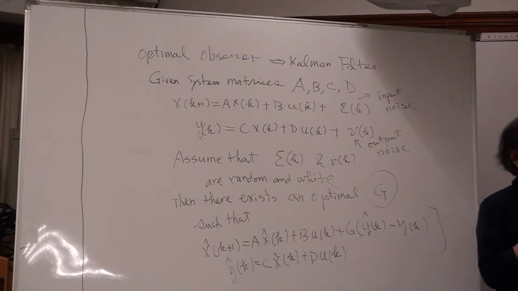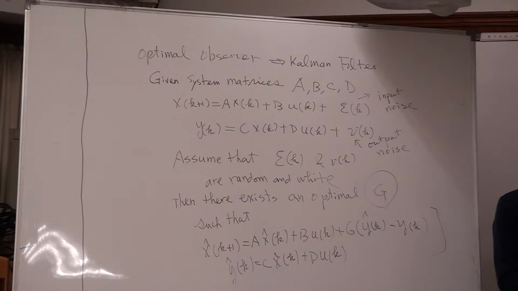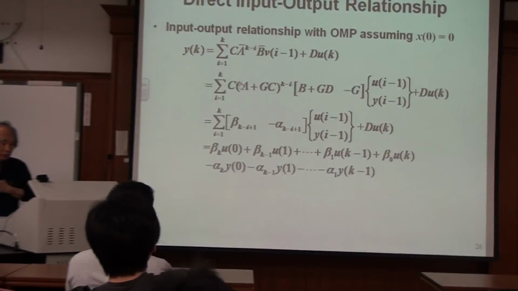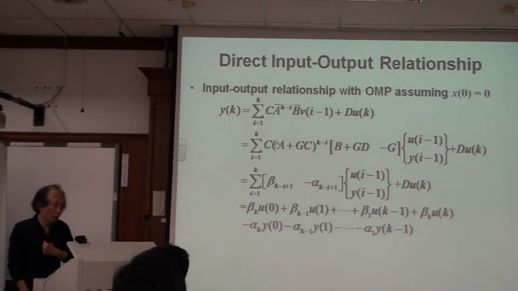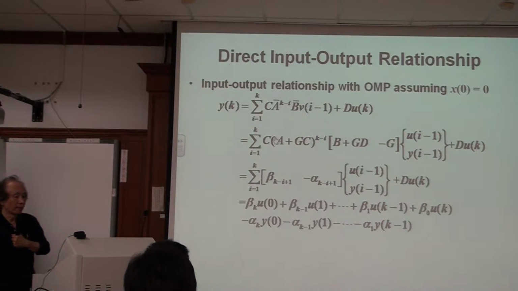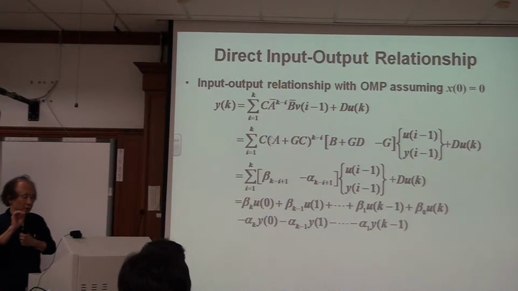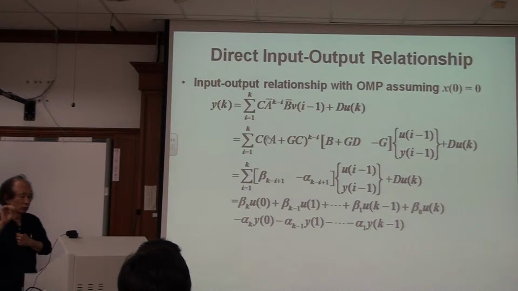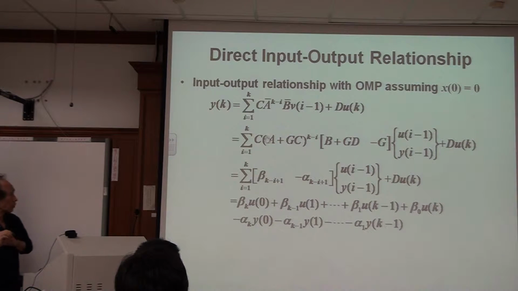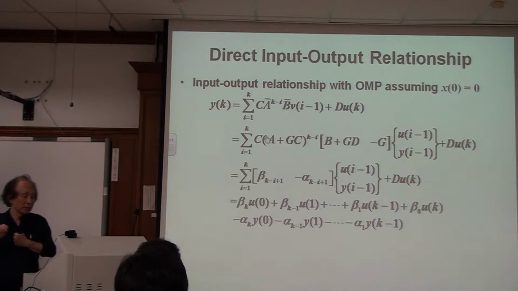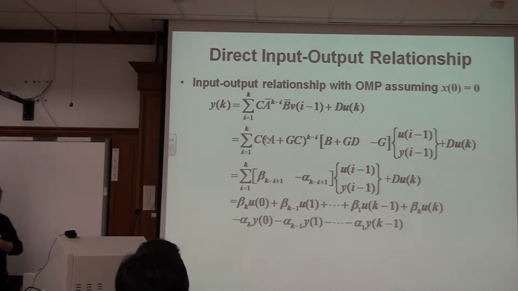Okay, let us look at the ARX model. The direct input-output relationship, we have this. The output equals the summation for I from 1 to k of C A bar to the k minus I, B bar, B I minus 1.